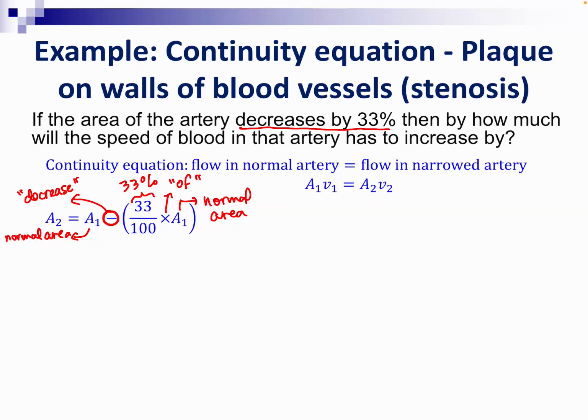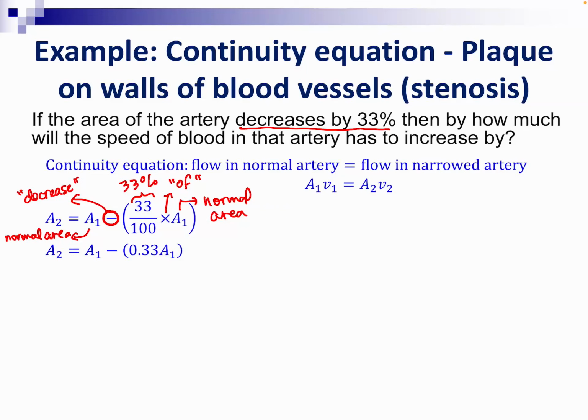Cool. All right, so carrying out 33 divided by 100, that's 0.33. That's the only thing that changed between these two lines of the equation here. Now notice here you have A1 in this term, and then you also have A1 in this term.